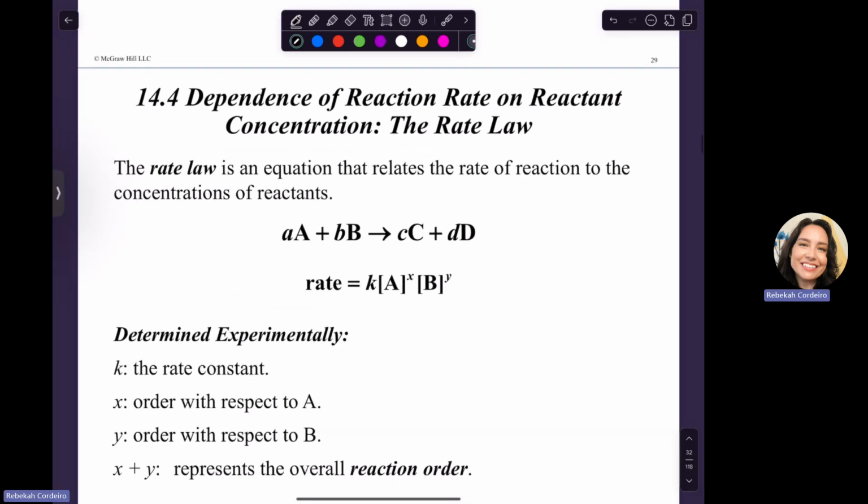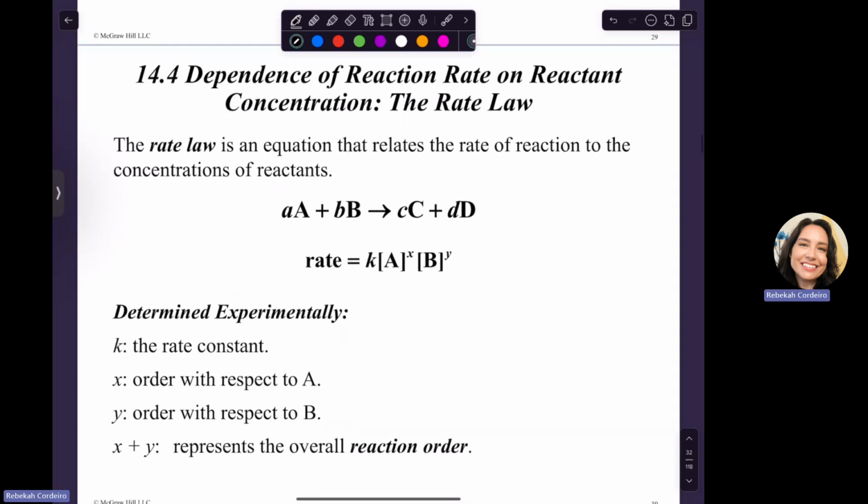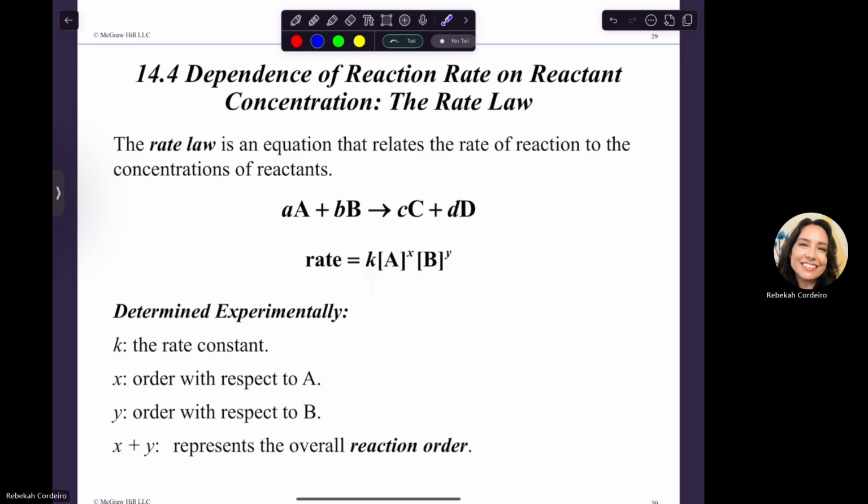When we know basically how the rate is affected by change in concentration, we can write the rate law. We've talked about it already, but we can write it for any of the reactants. We don't really write it for products, but we do write it for the reactants. We just focus on the change in the reactants. So the rate law would be equal to the rate constant times the concentration of each reactant raised to some exponent.